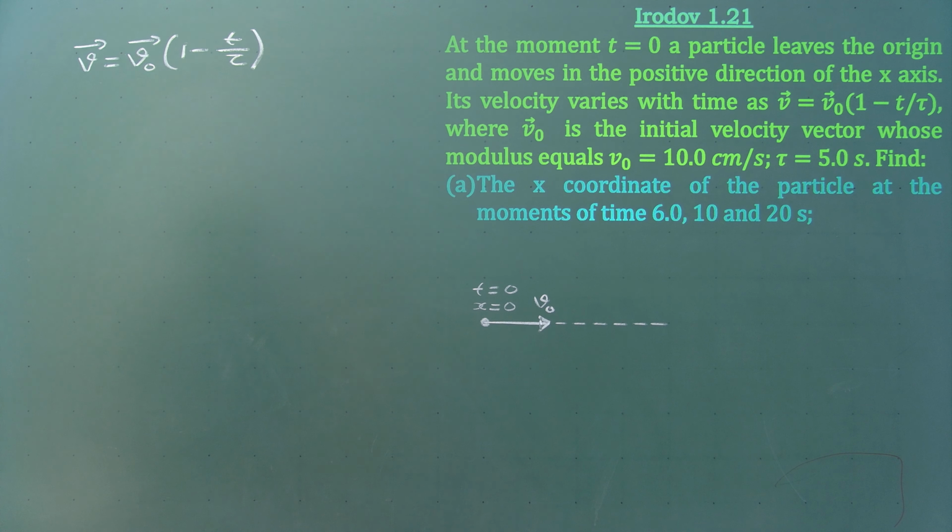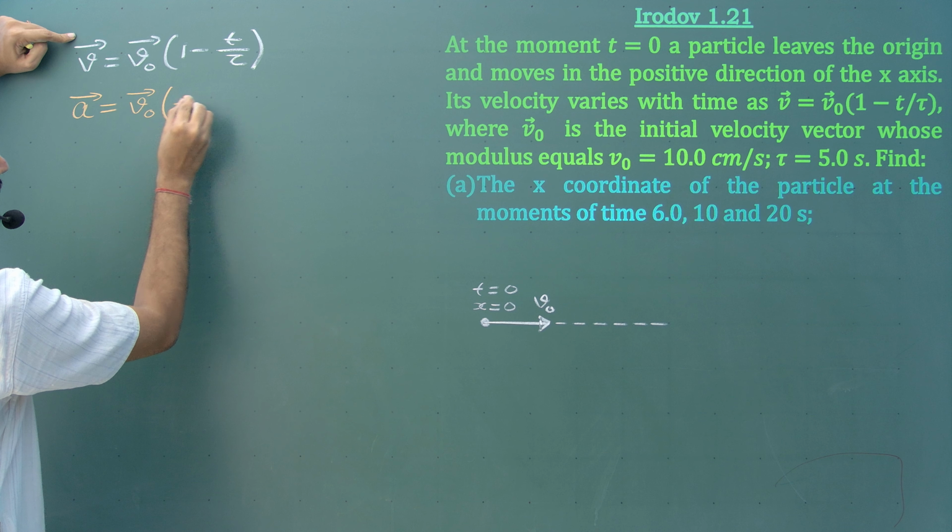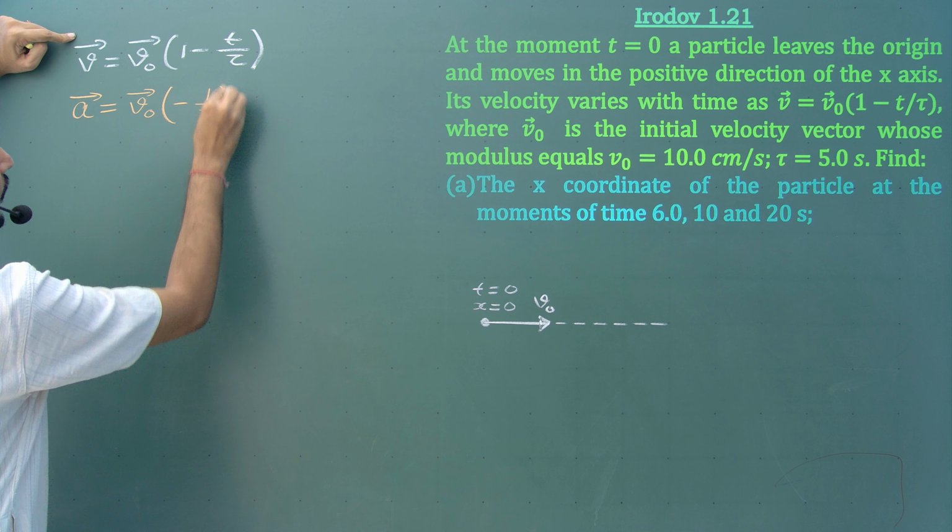So we have to calculate the x coordinate of the particle at different times. How can I proceed? This is the equation of velocity given. If I differentiate it with time, it will give the equation of acceleration. So v naught is a constant number, the differentiation of 1 is 0 and the differentiation of t is 1, so this is minus 1 by tau.